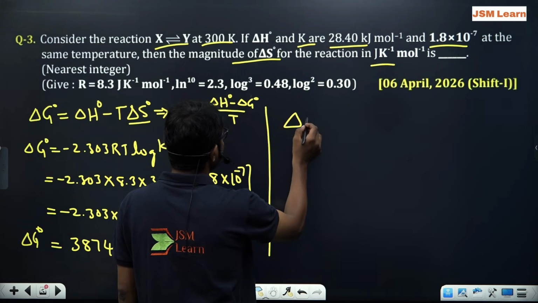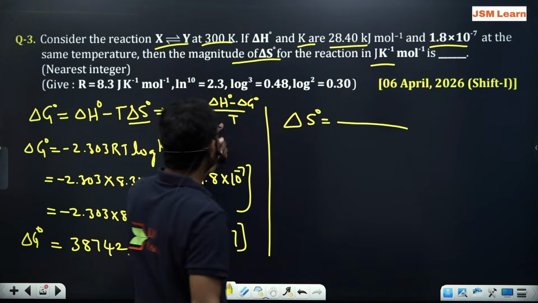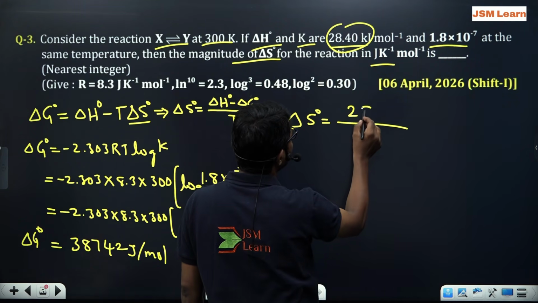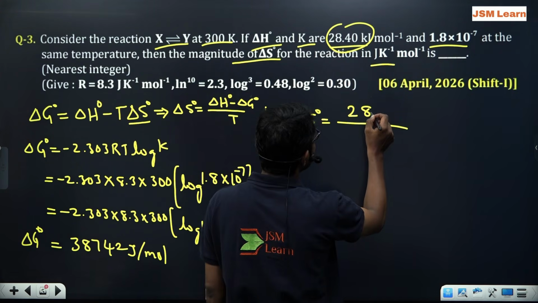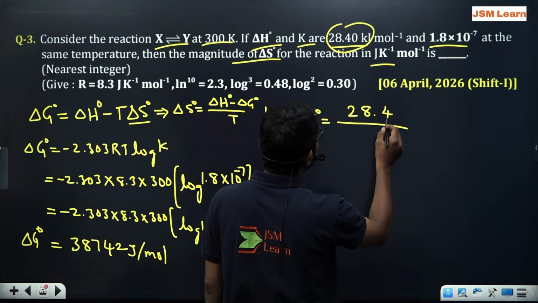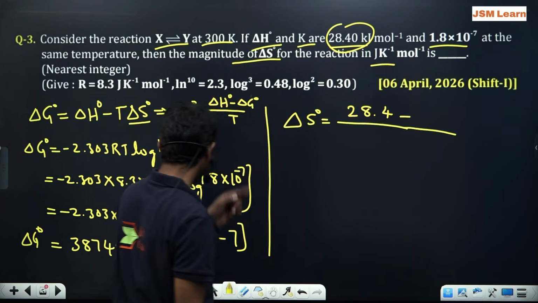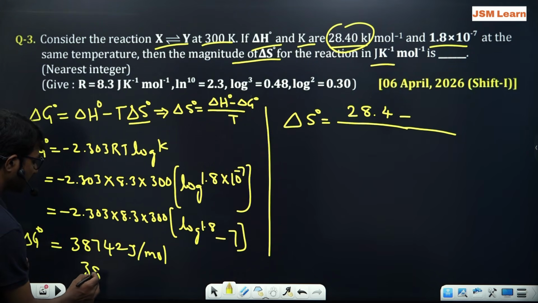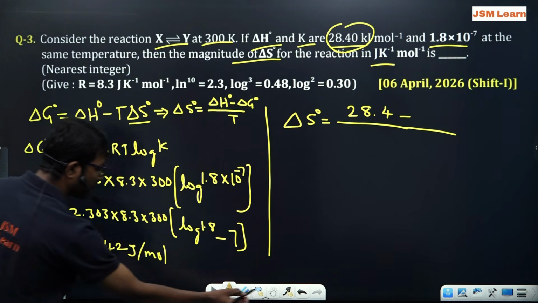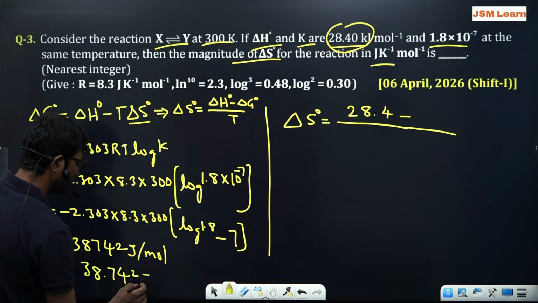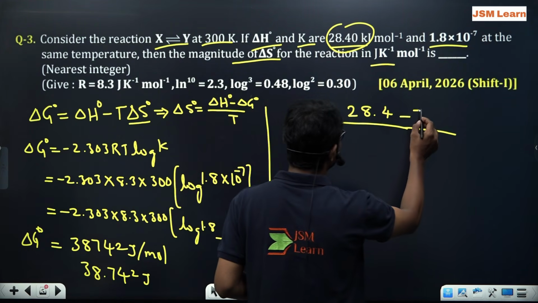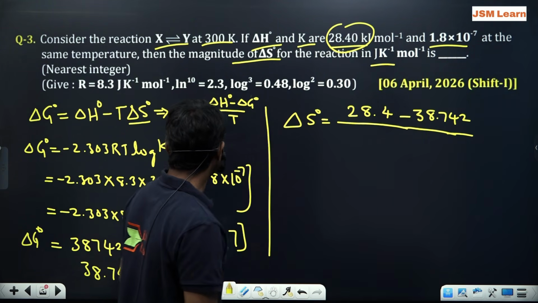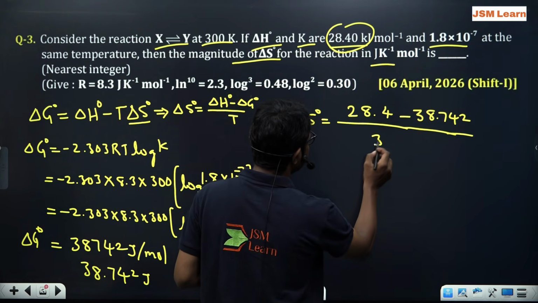So delta S naught is equal to, delta H naught value they have provided here in kilojoules, so if you substitute this, 28.4 minus the delta G value we got, in joules, I am writing it as 38.742, upon the temperature, which they have provided as 300.